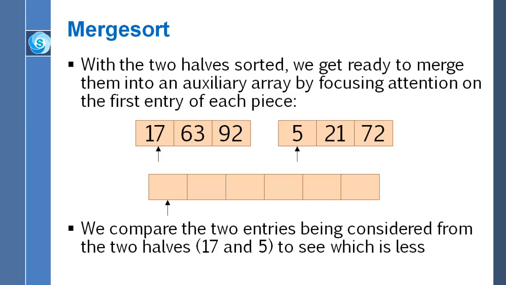In the right half, we're currently considering the number 5. What we have to do to get this merging started is compare those 2 numbers, and whichever one of them is smaller, that number has to get copied into the auxiliary array at the position being pointed to there.